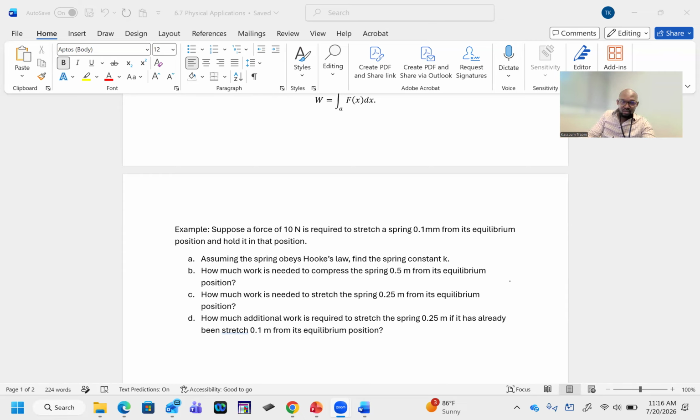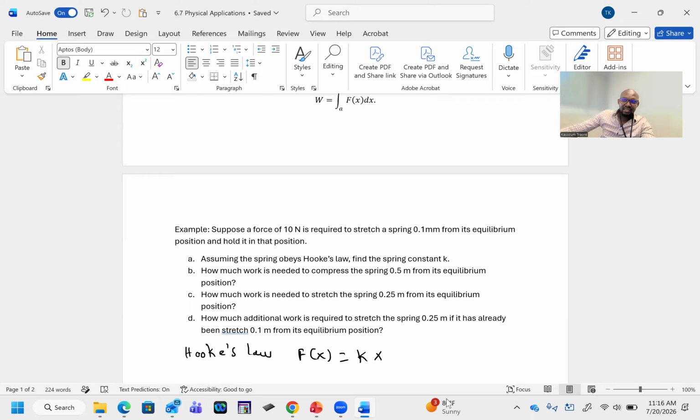According to the Hooke's law, the force required to keep the spring in a compressed or stretched position x unit from the equilibrium position is, so this is what Hooke's law said, f of x is equal to k times x, where the positive spring constant k measure the stiffness of the spring.